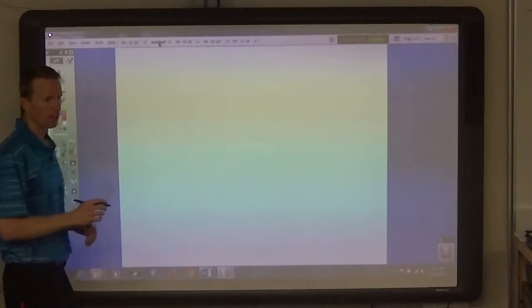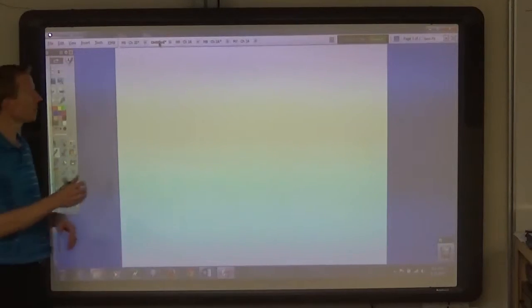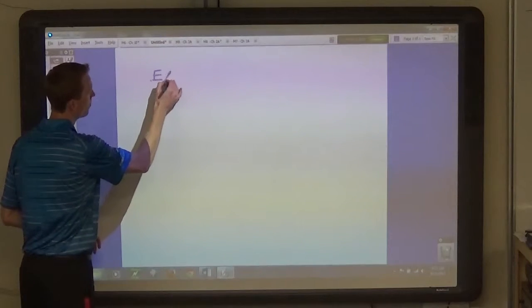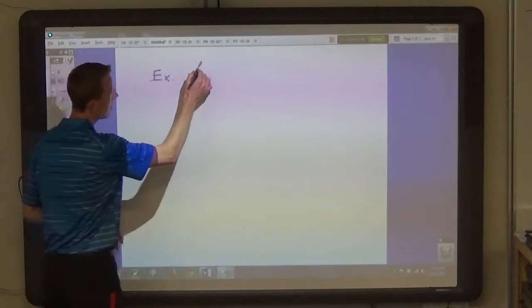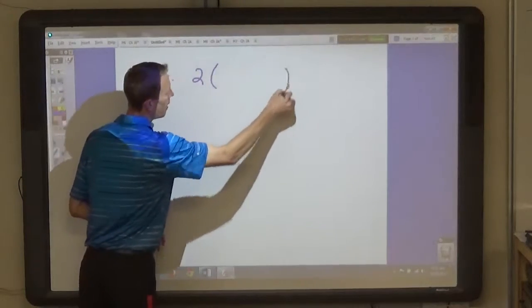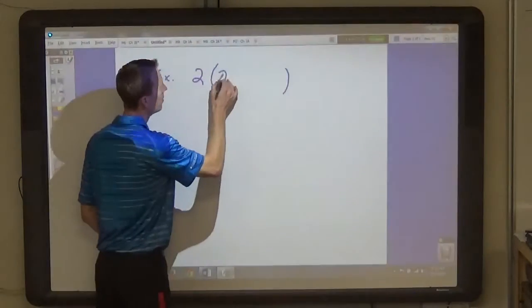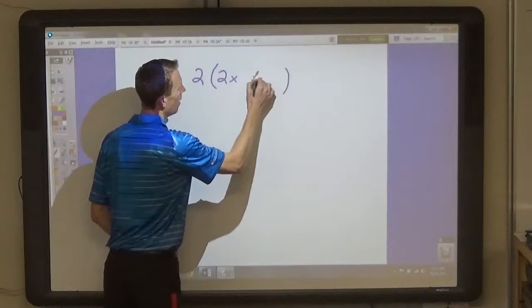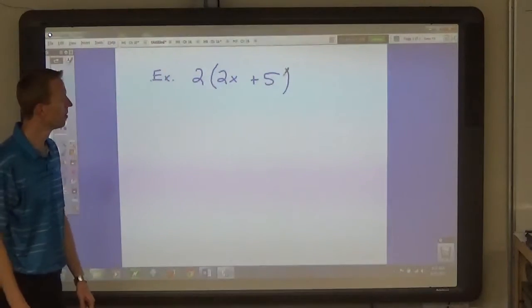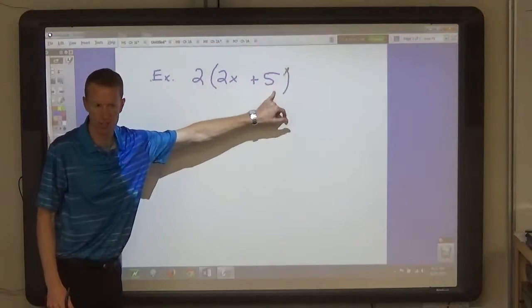Now, let's take an example like this. On page 75, this is how this is going to be used in algebra. Let's say that we have 2, and it's being multiplied by 2x plus 5. 2 x's are in parentheses, plus 5 ones are in parentheses.